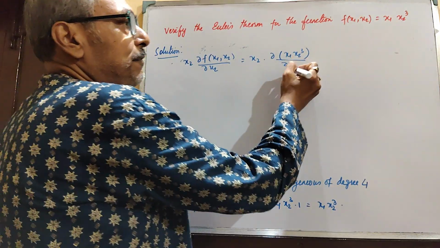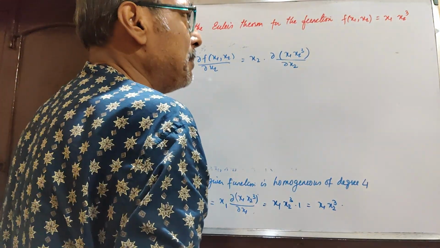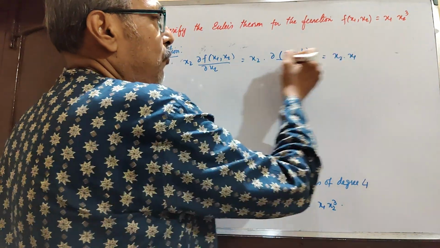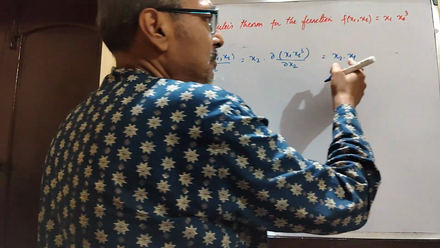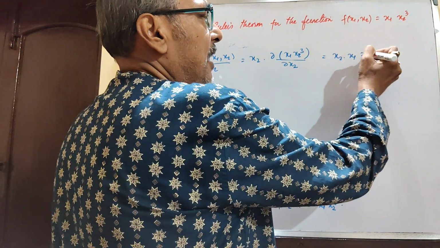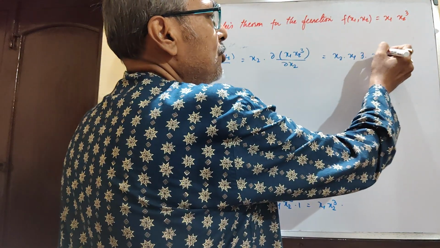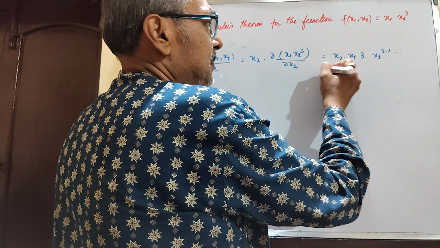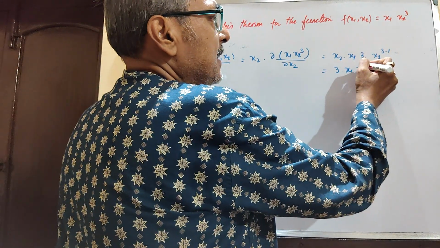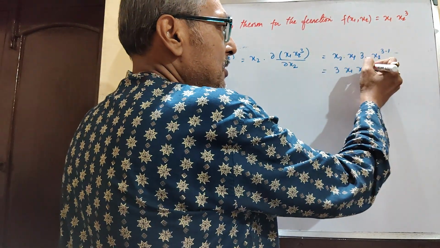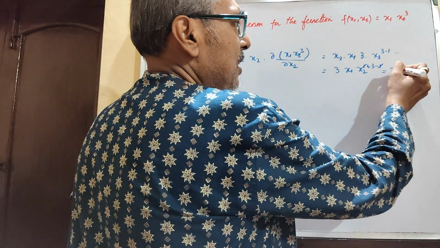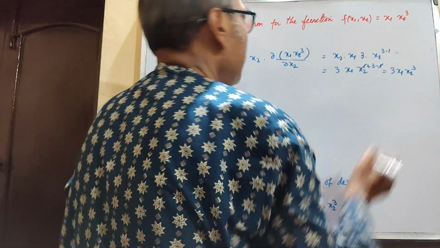Therefore, this x2 comes here, then x1 is a constant term. Now we differentiate x2 to the power 3. Therefore, 3 comes here, x2 to the power 3 minus 1. That is 3 x1 x2, with power 1 plus 3 minus 1. This gets cancelled. This is simply 3 x1 x2 cube.